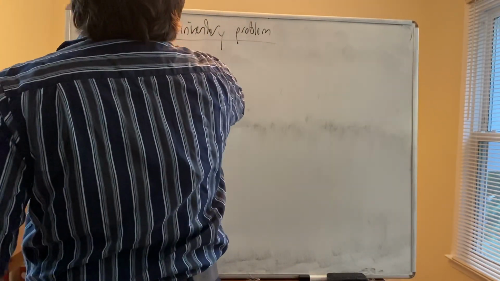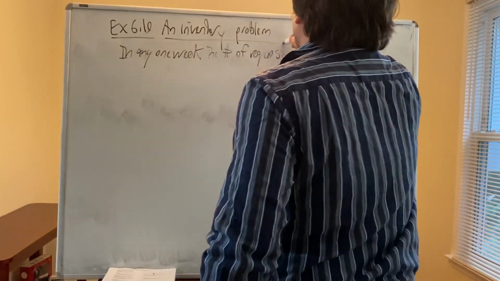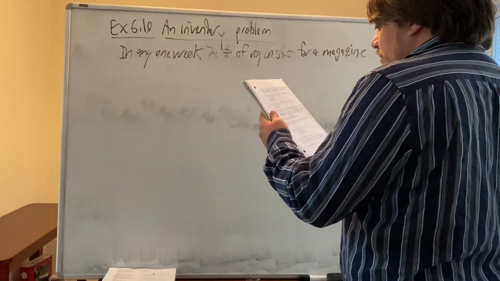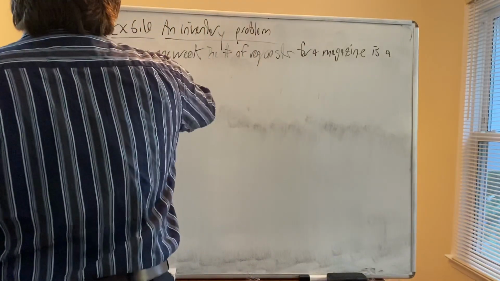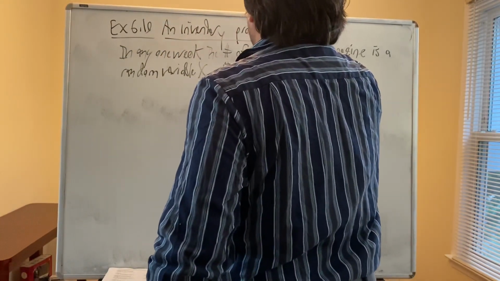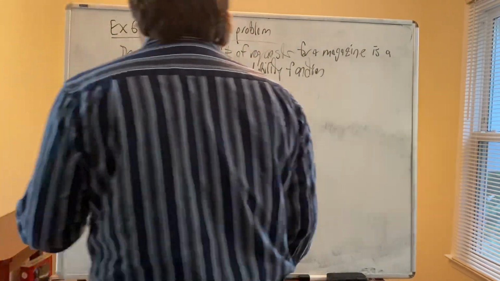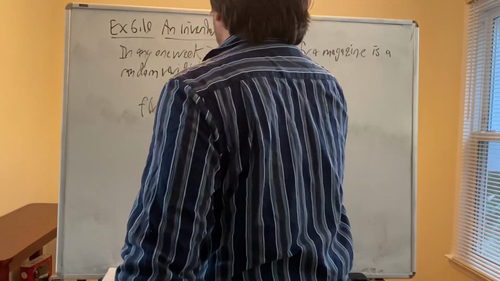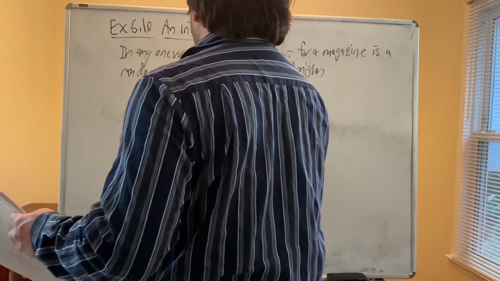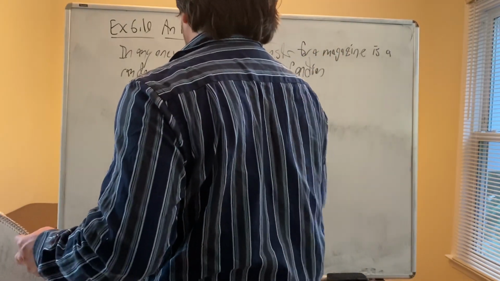In any 1 week, the number of requests for a magazine is a random variable x with probability function f of x equal to 5/12 for x equals 3, 4/12 for x equals 4, 2/12 for x equals 5, 1/12 for x equals 6.